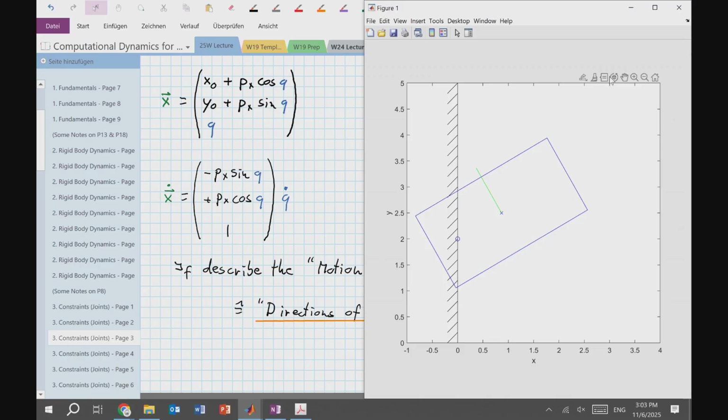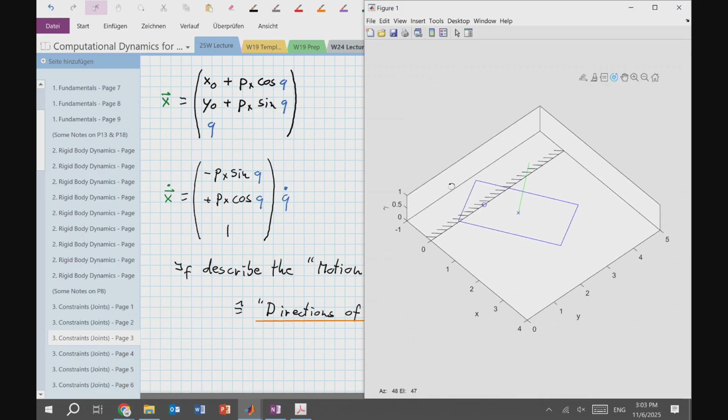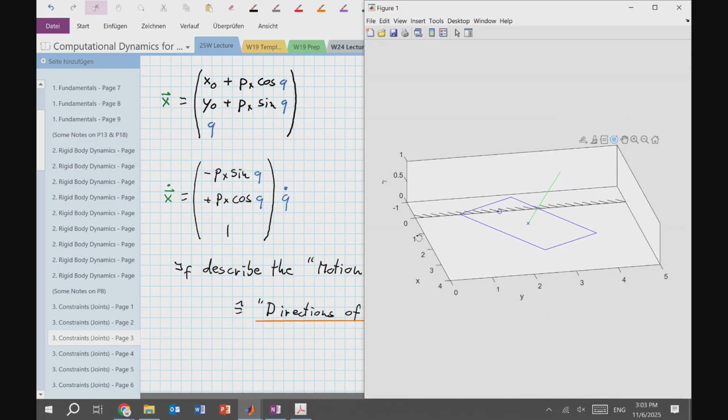By the way, the green arrow, this will become important in a second, is 3-dimensional because I have a hidden gamma direction, right? I can move in this direction, but at the same time I have to rotate my body. I cannot independently move the point of the body without rotating it, so I have just one direction of motion which combines motion in x, motion in y, and rotation.